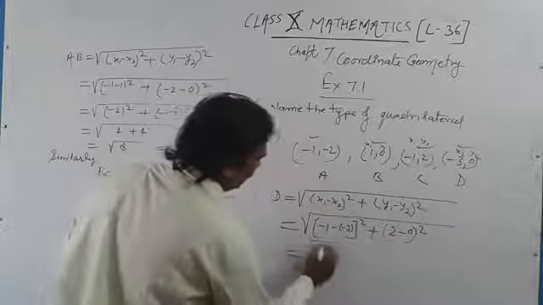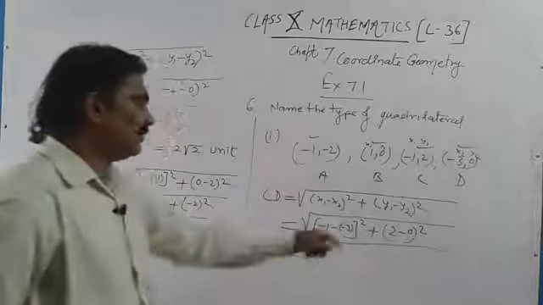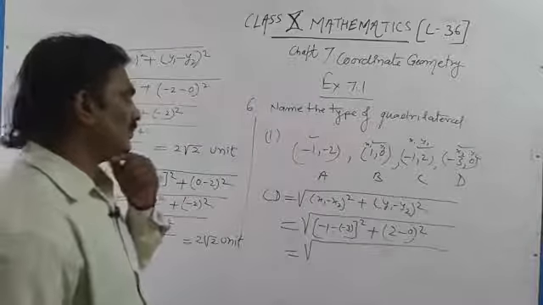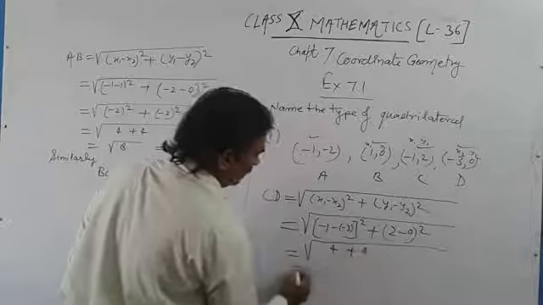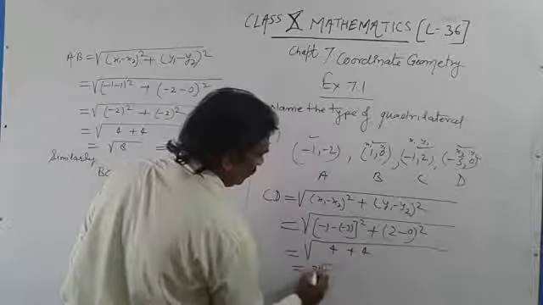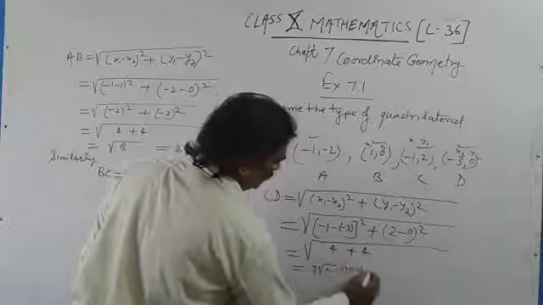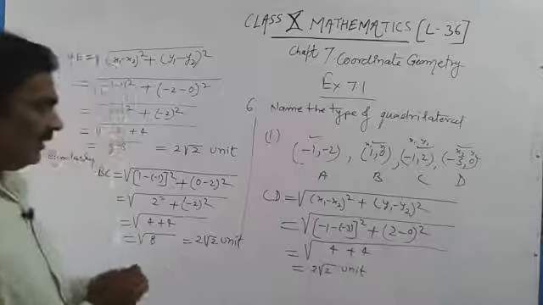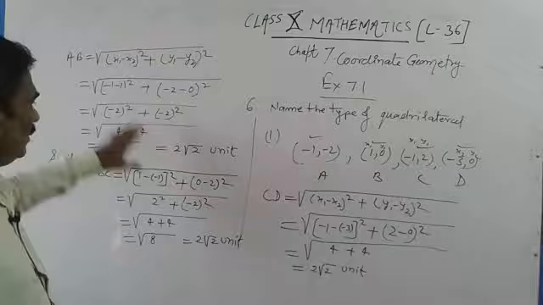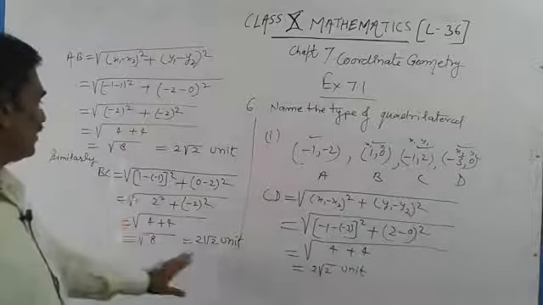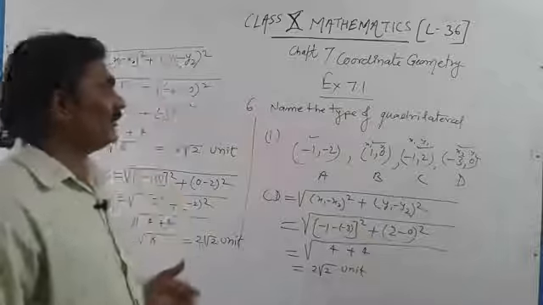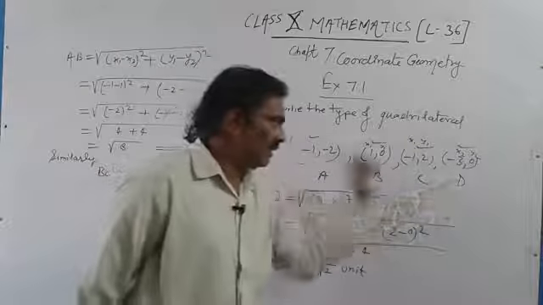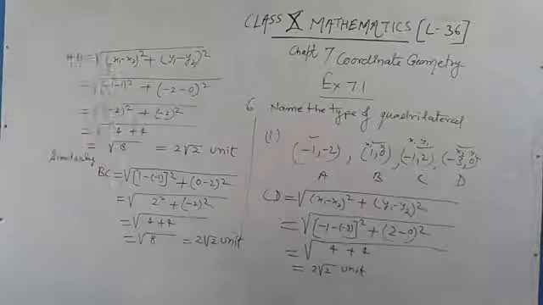And students, here you can write minus 1 plus 3, that is 2, 2 square is 4, and here 2 square is 4. So this also will be equal to 2 root 2 units. So students, you are seeing that AB is 2 root 2, BC is 2 root 2, and CD is also 2 root 2. Similarly, we will find DA. Write down this.